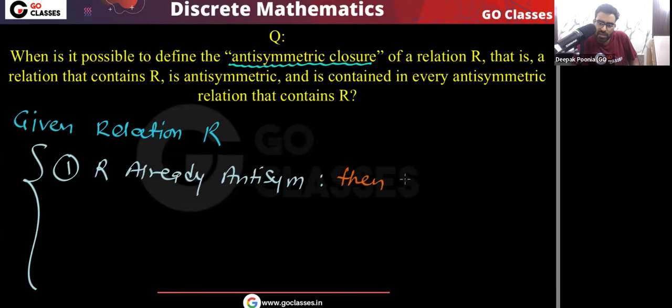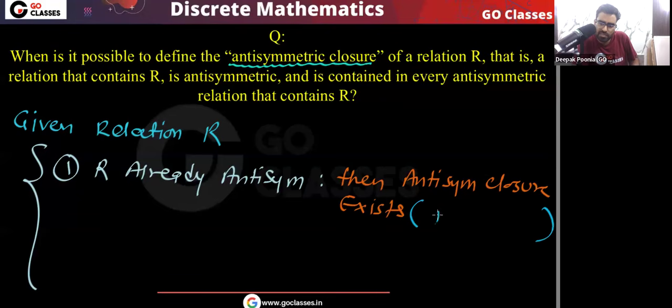Then the anti-symmetric closure exists, and it is equal to R. Okay, R itself. The anti-symmetric closure exists, and that will be R itself.